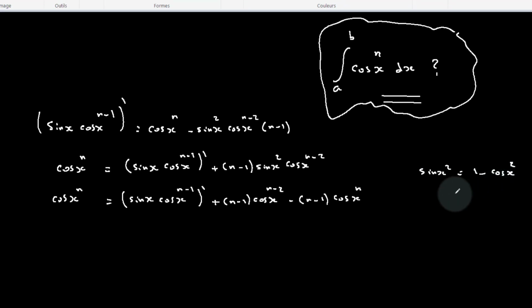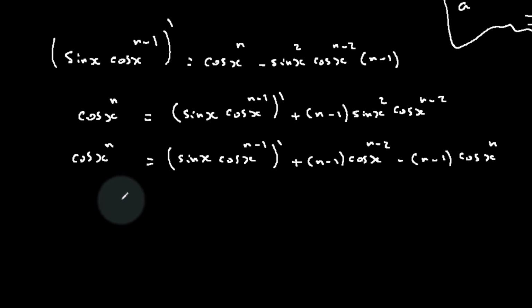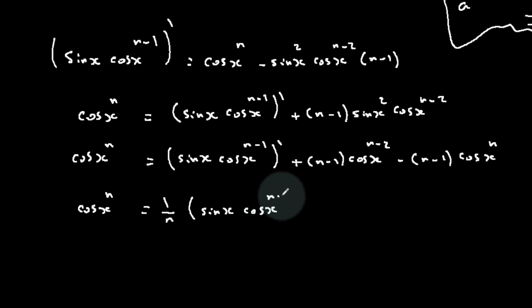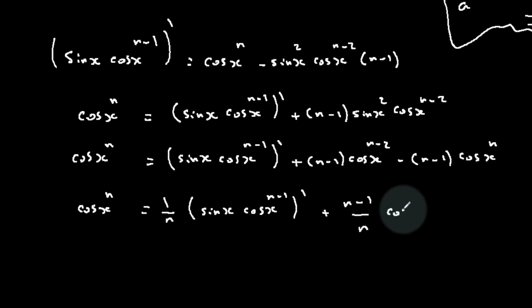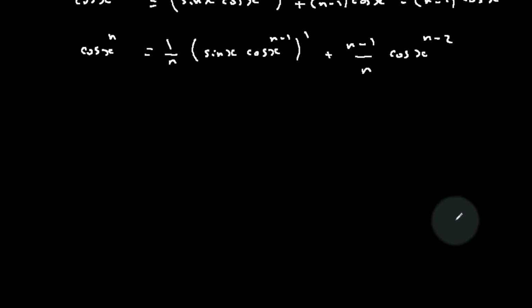So with some developments, we can find that cosine x power n is equal to 1 over n times the derivative of sine x times cosine x power n minus 1, plus n minus 1 over n times cosine x power n minus 2. We continue.